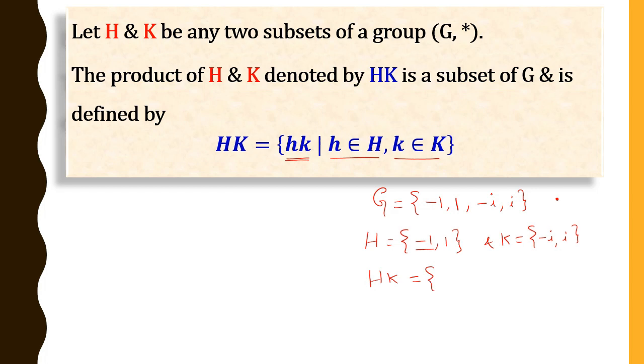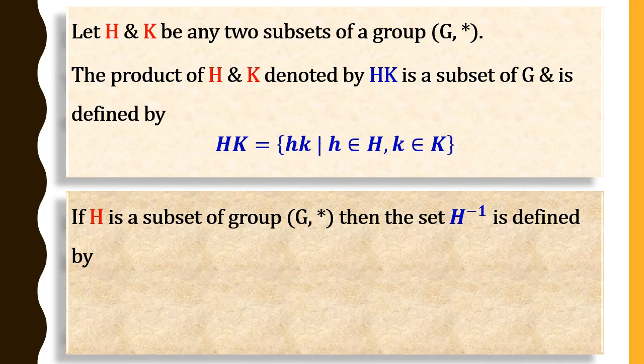We take an element of H and multiply it with the elements of K: -1 into -i, -1 into i, 1 into -i, 1 into i. Therefore, HK contains i and -i. This is the product. Similarly, if you consider any other two subsets, you multiply the elements accordingly.